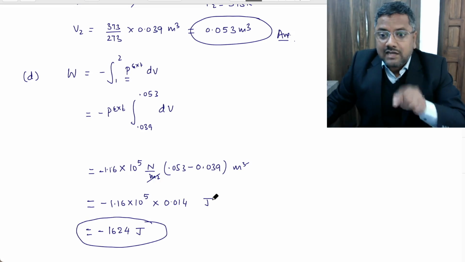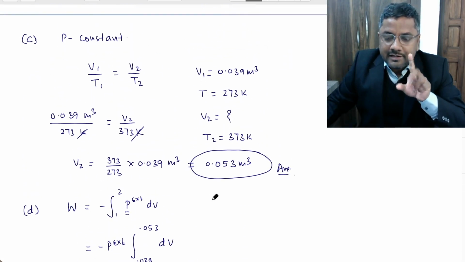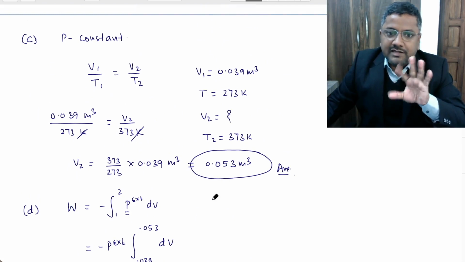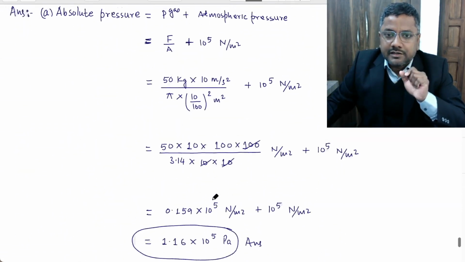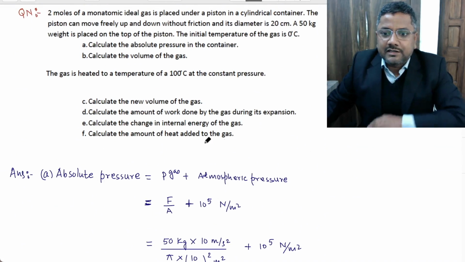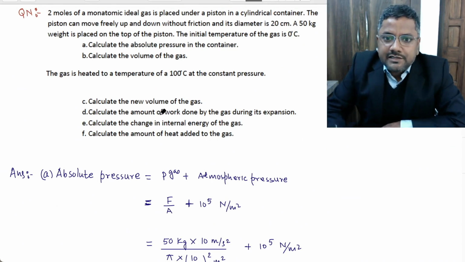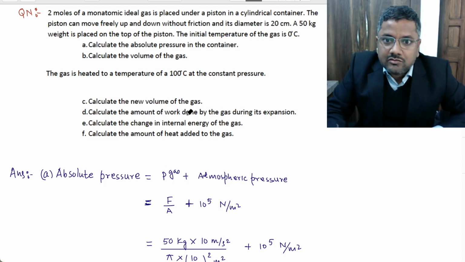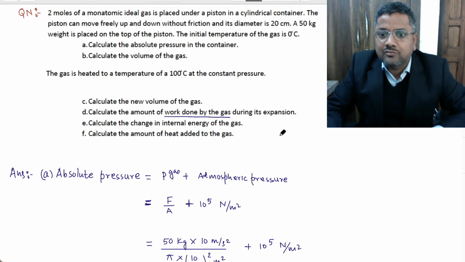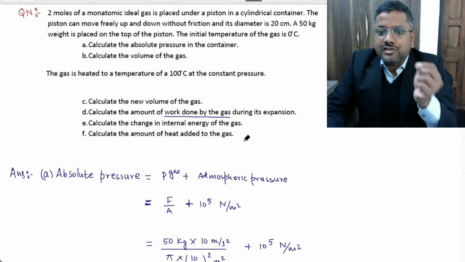But what is asked in the question, be a little bit careful here, because in plus and minus students make mistakes. Carefully study the question. Calculate the amount of work done by the gas. See, it is written in English, the work done by the gas. Either you have to write it in English or you just put a negative sign.